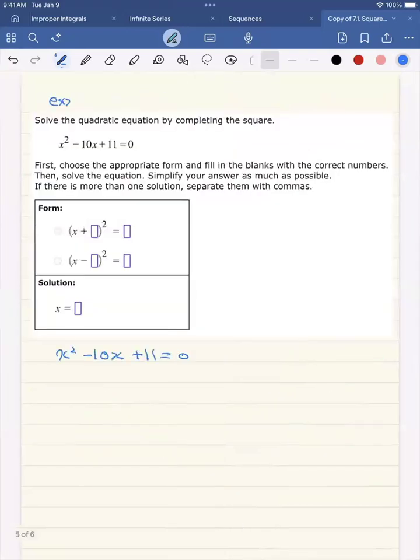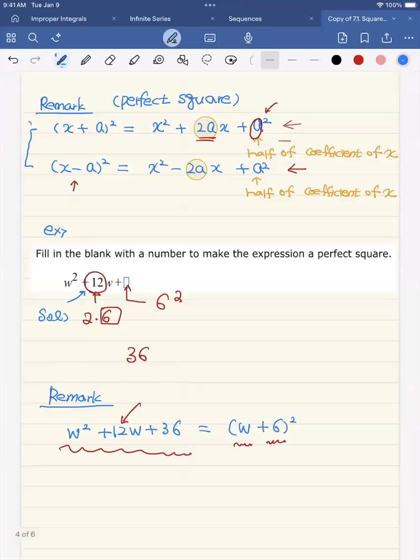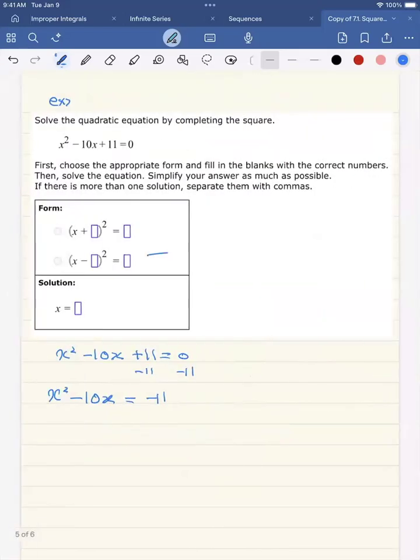So we will move 11 to the right side by subtracting 11 on both sides. Then we have x squared minus 10x equals minus 11. We want to do completing the square. So it'll be either this first pattern or second pattern, but the number in front of x is minus, so it'll be the second pattern.